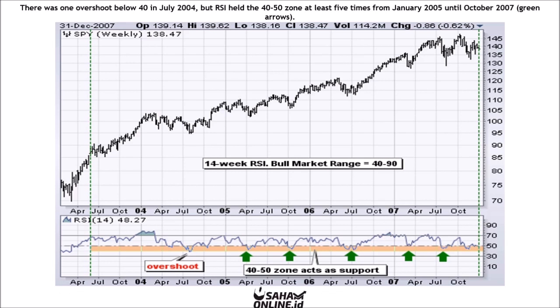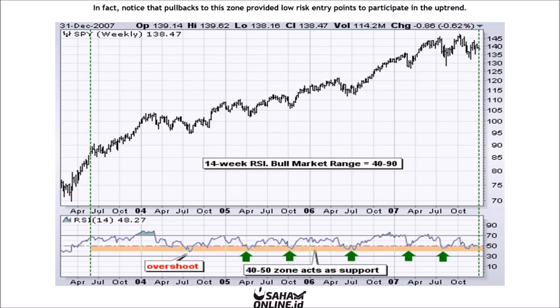There was one overshoot below 40 in July 2004, but RSI held the 40 to 50 zone at least 5 times from January 2005 until October 2007. Look at the green arrows. In fact, notice that pullbacks to this zone provided low-risk entry points to participate in the uptrend.